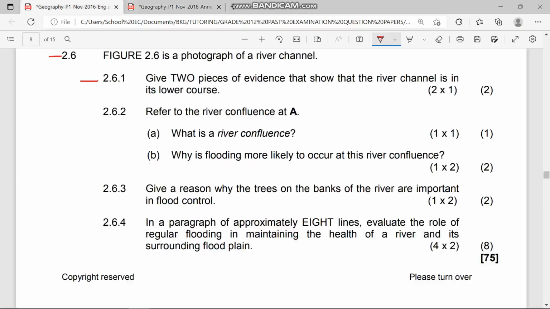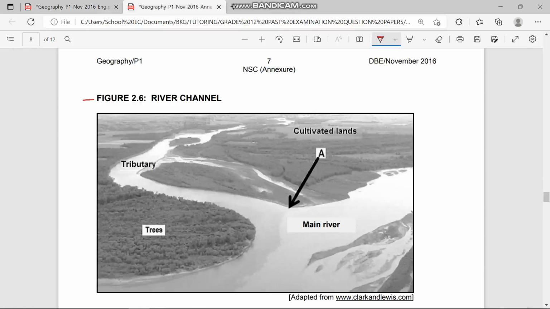2.6.1 says give two pieces of evidence that show that the river channel is in its lower course. So here we have to give reasons to support the evidence that this river is in its lower course.